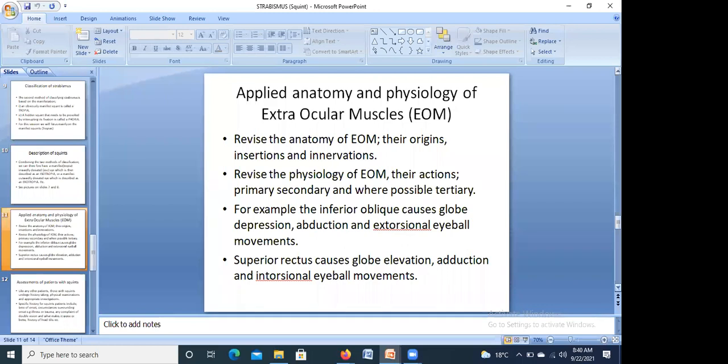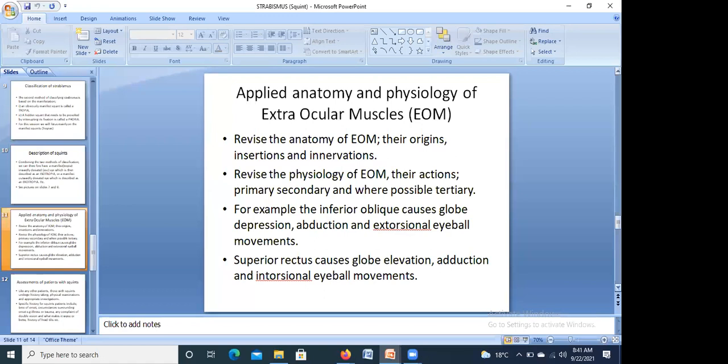Most of these muscles, except the lateral rectus and medial rectus, which have mainly one function, that is the adduction for medial rectus and abduction for lateral rectus. The other extraocular muscles have more than one function. For example, the superior rectus is an elevator, but it is also an abductor.